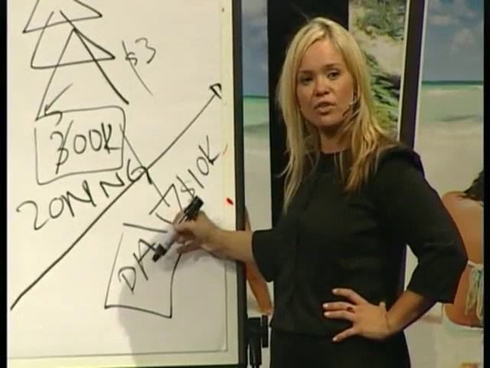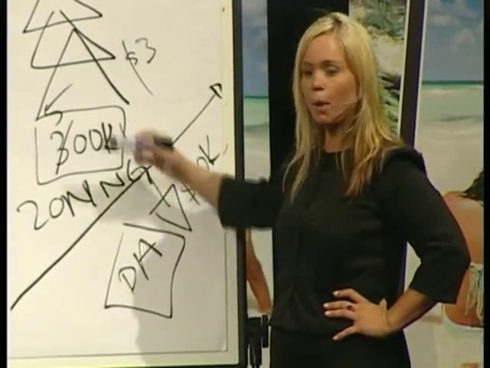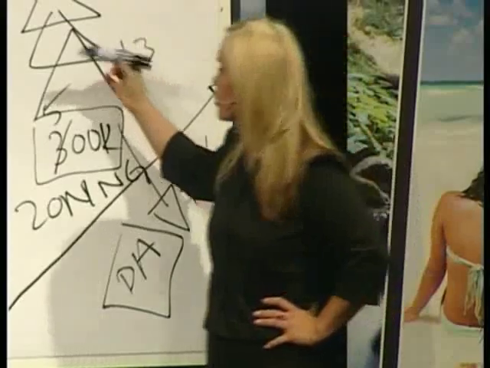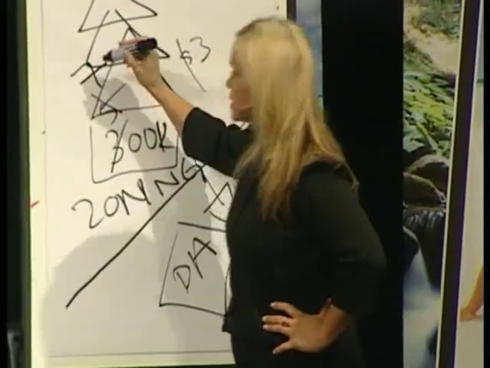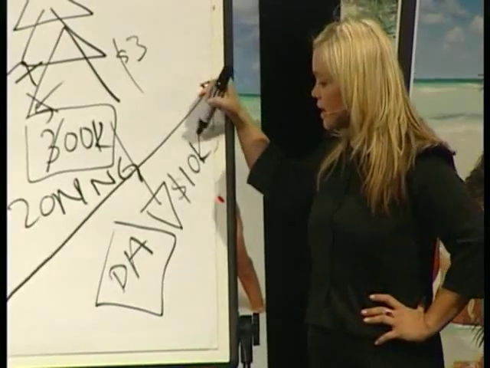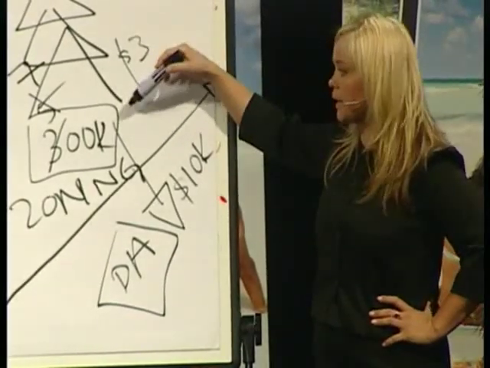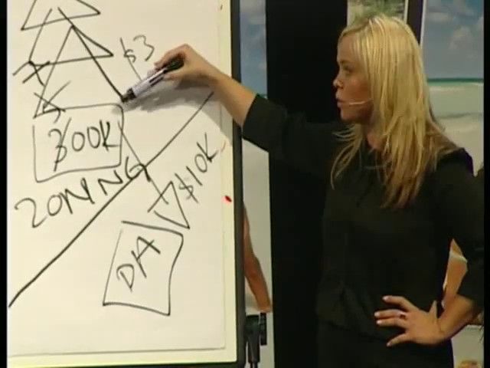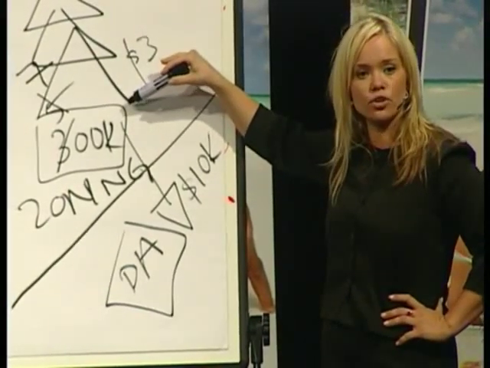But once you have a DA on it, that property is no longer worth $500,000. That property is now worth $700,000. So you've spent $14,000 to take an option out on a property worth $500,000.